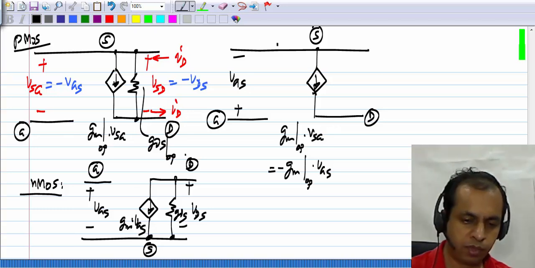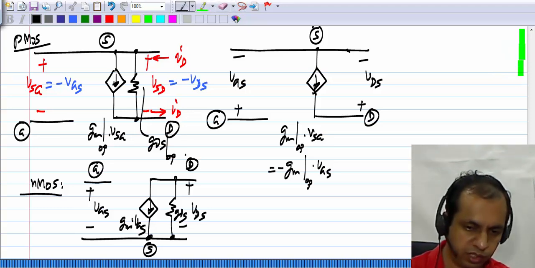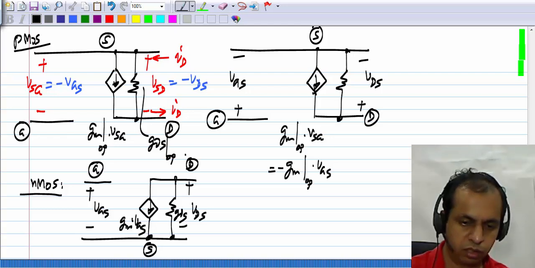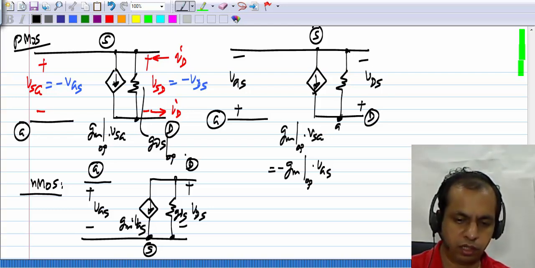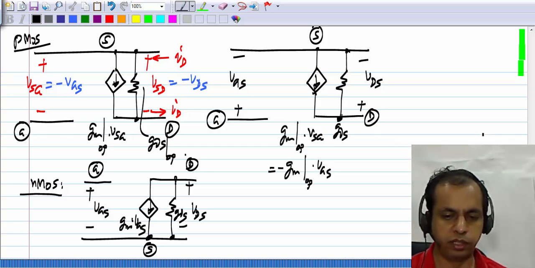And I'll also use VDS. As far as the conductance is concerned, the picture remains exactly the same. There is a conductance between drain and source. Obviously, this doesn't depend on whether you choose VSD or VDS.